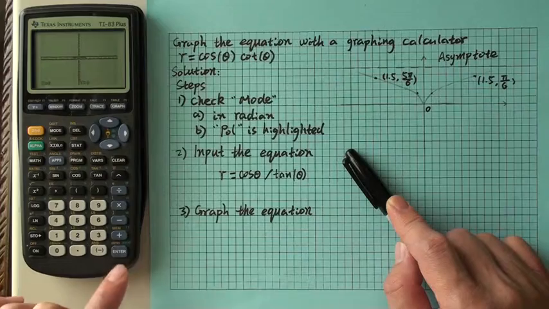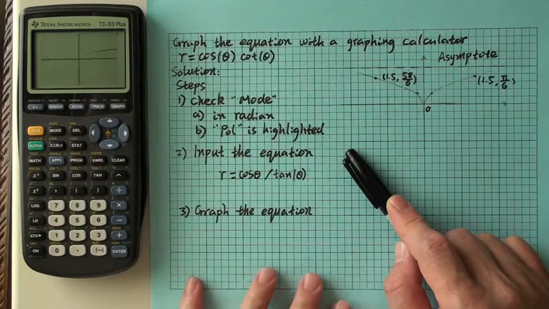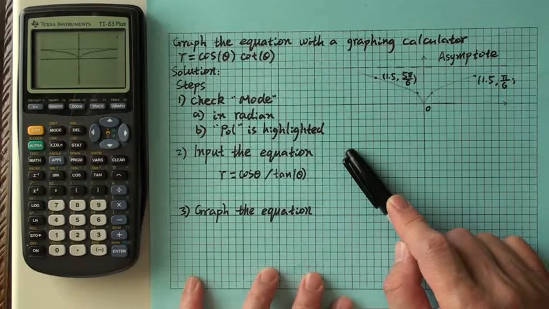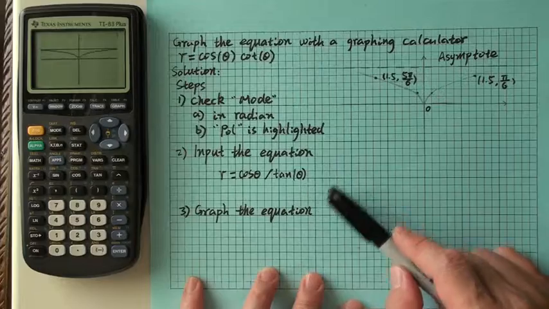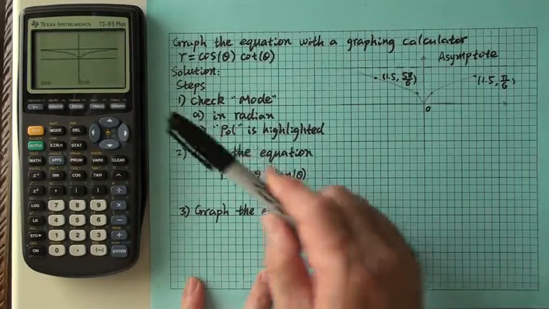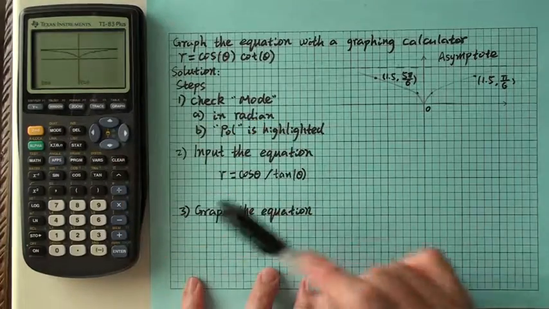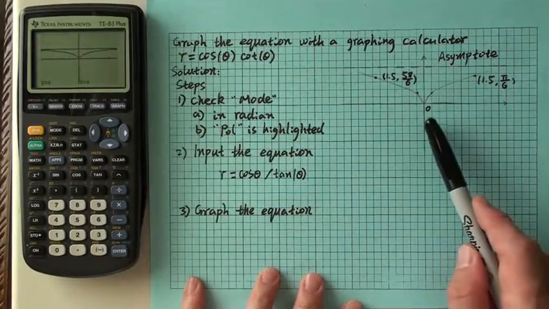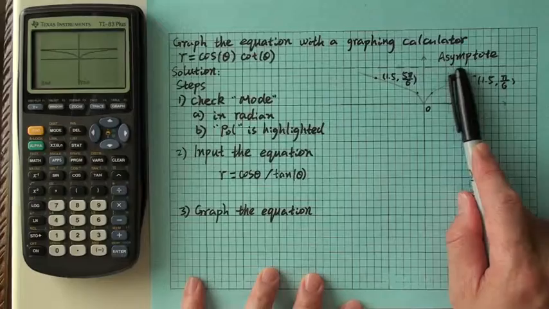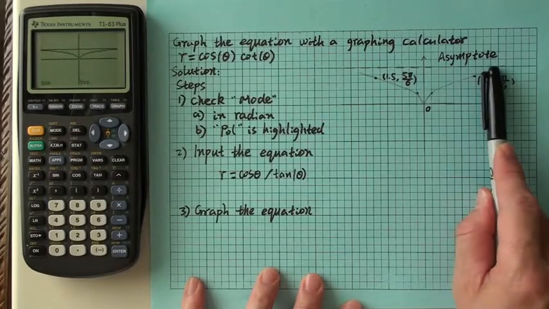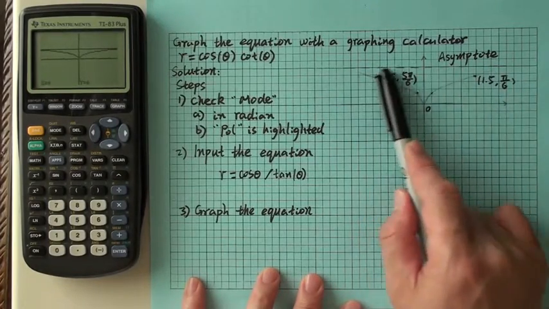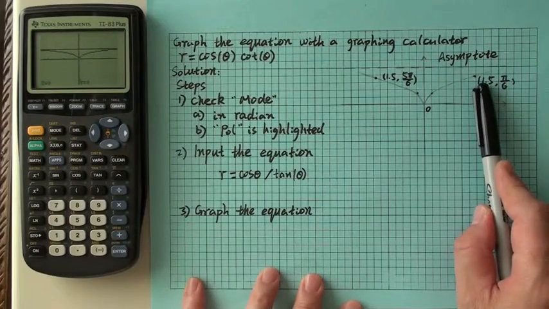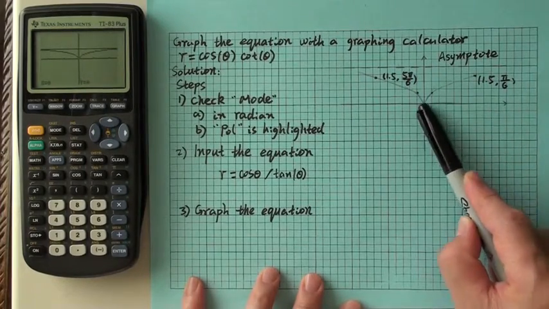Oh, you may say it didn't work. Remember, hit enter. And it shows up. Now you may say there is a horizontal line right here. The horizontal line is really not part of the picture. It is an asymptote. The real graph is those two branches.